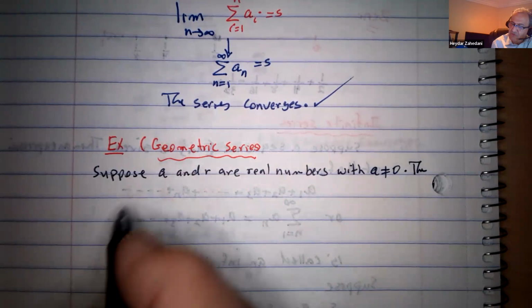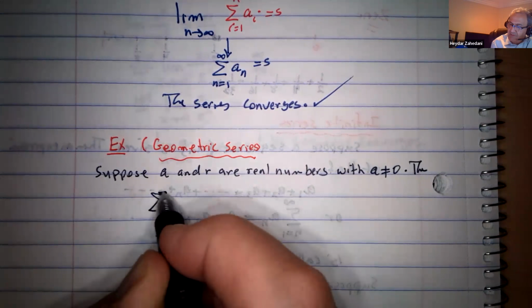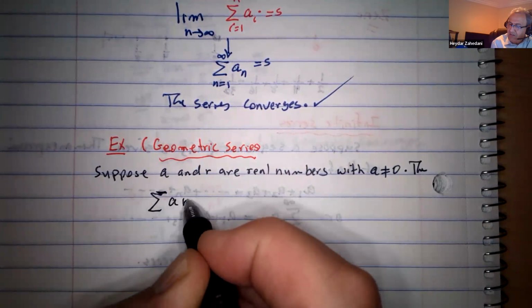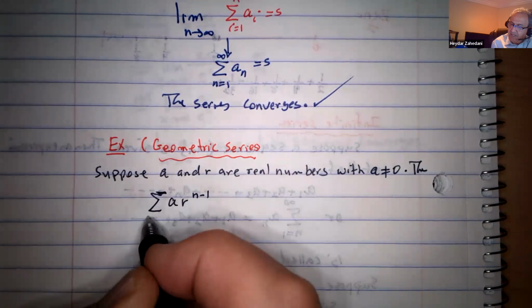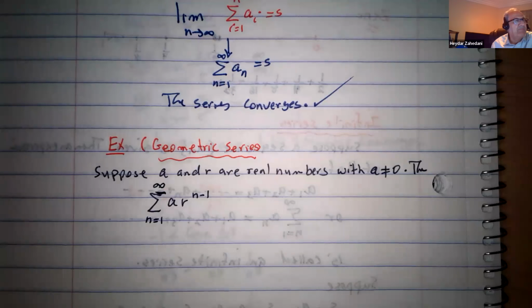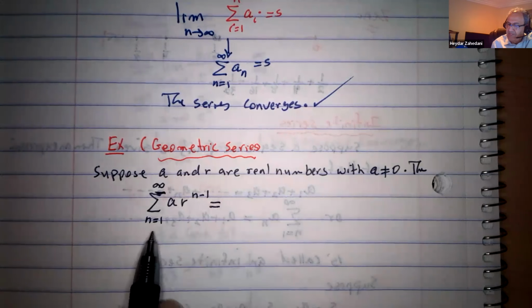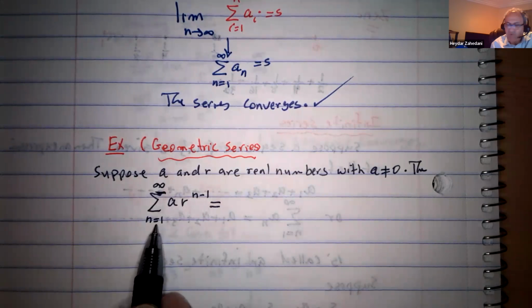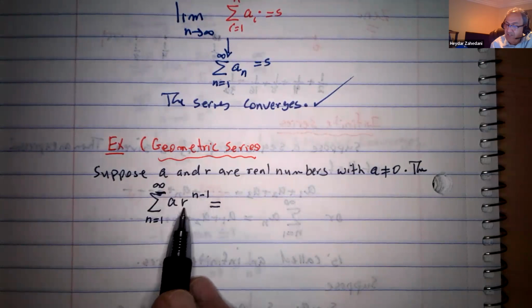this is how we introduce a geometric series. You see sigma of A R to the n minus 1, n from 1 to infinity. Let's see, what does it mean? This is going to be equal to, if you replace the n by 1, 1 minus 1 would be 0.